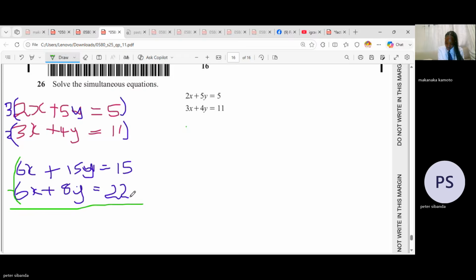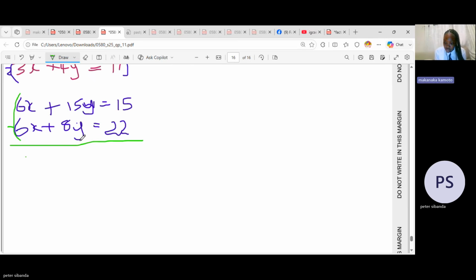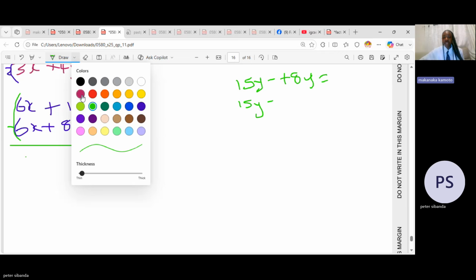And then we're now focusing on the 15y minus 8y. It's 15y minus 8y, and that becomes 7y.